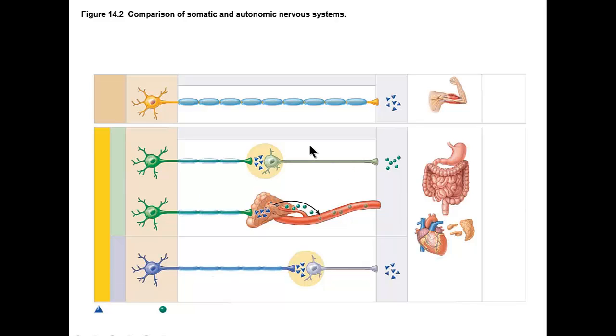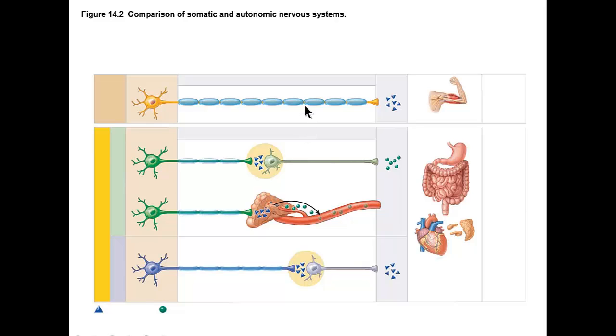If we want to compare, we're going to put S for somatic, A for autonomic. So these are all autonomic. This is somatic. So remember, the effector is skeletal muscle here for the somatic nervous system. And for the autonomic, it's smooth muscle, cardiac muscle, and glands. So looking at number one, has efferent motor fibers.